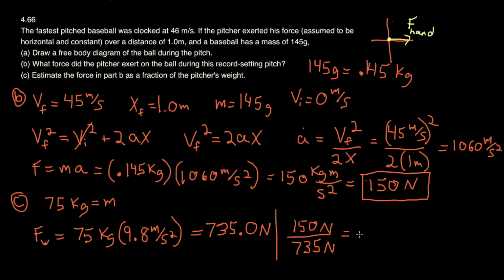And this comes out to 0.20, or 1/5. So 1/5 is the fraction of the force that the pitcher puts on the ball when compared to his weight. And that's problem 4.66.